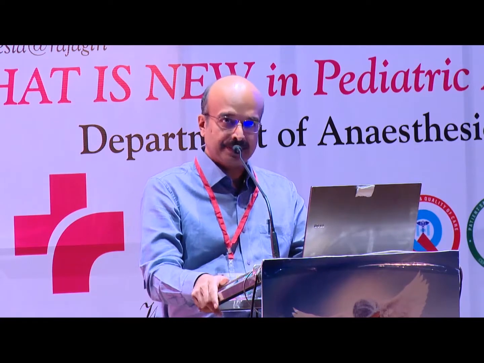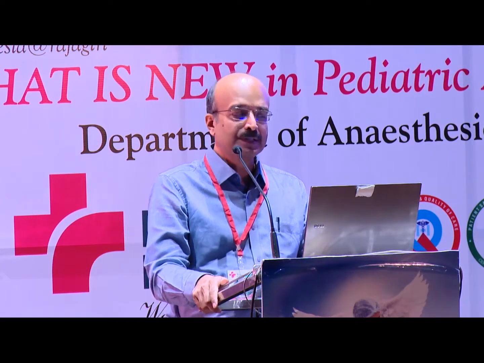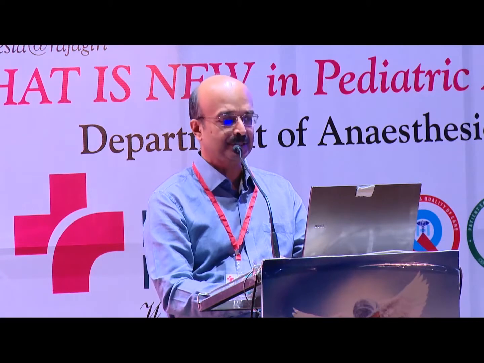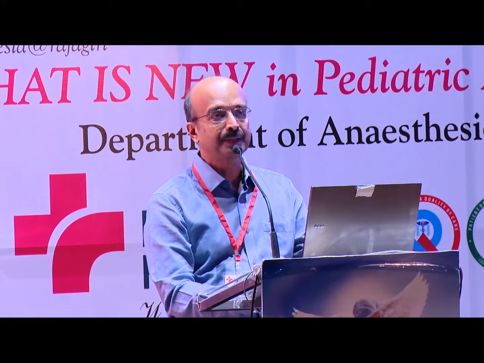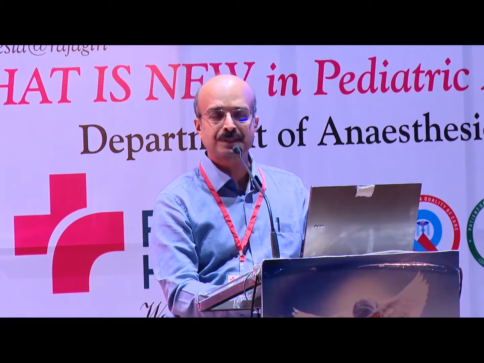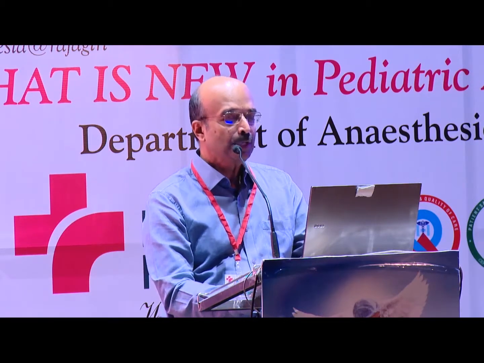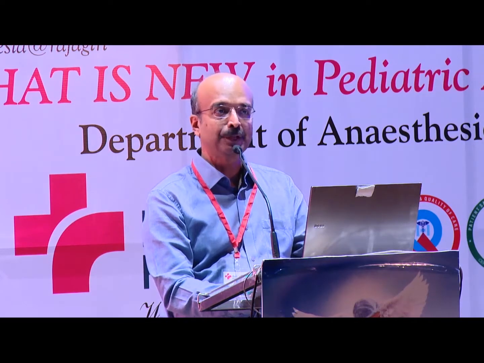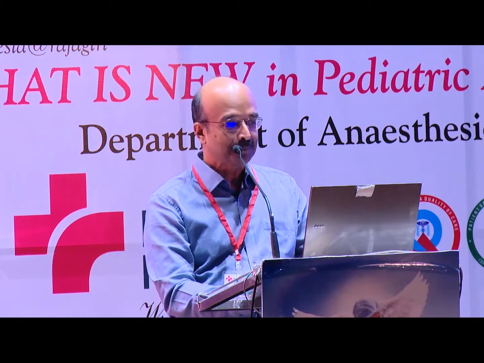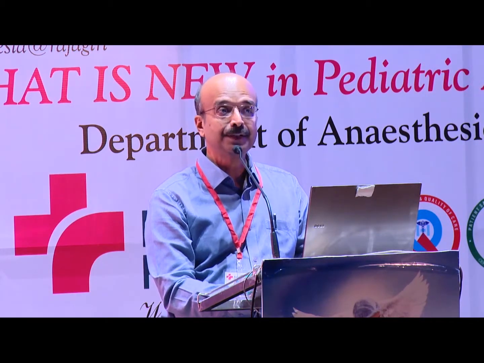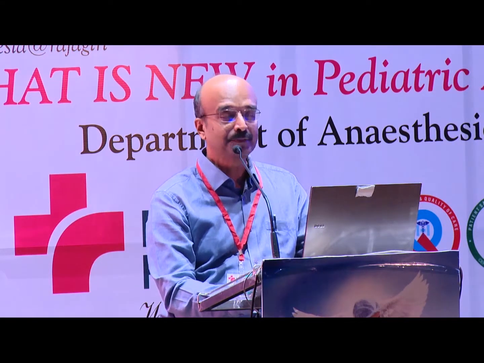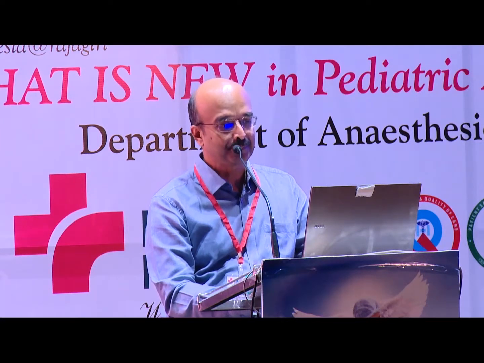Like any other anesthesia, in scoliosis surgery the preoperative evaluation is extremely important, and the respiratory system and the cardiovascular system are extremely crucial. When you do a pre-anesthetic evaluation of your patient, the location where the curve has deformed is very important.